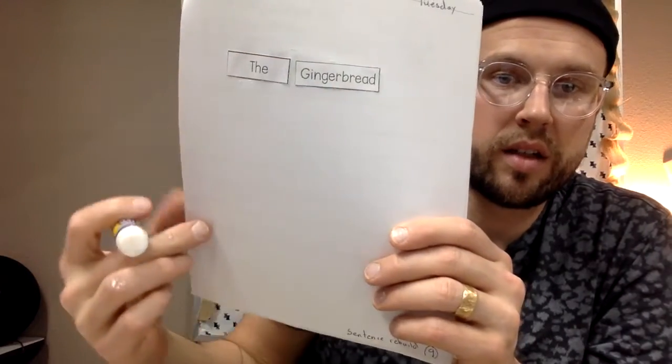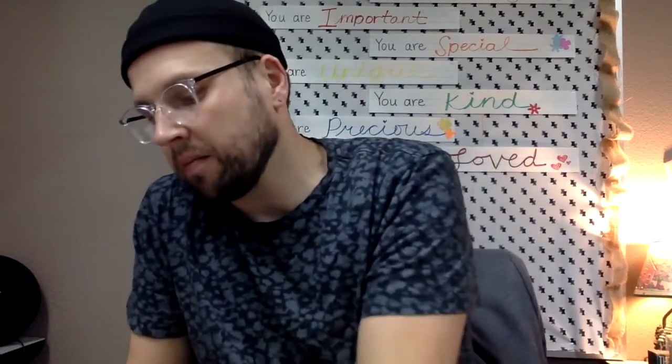The gingerbread. And then we're going to put girl because that's her name. Then the next word is rode because she rode the fox. She got to ride on the fox's back. Then the next word is the. Fox.